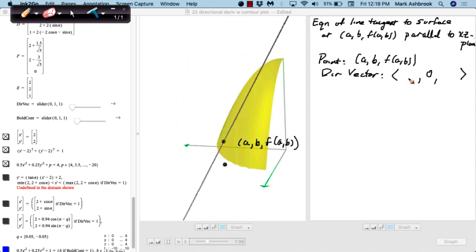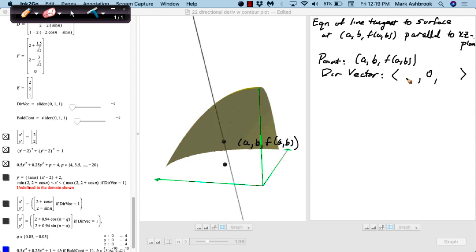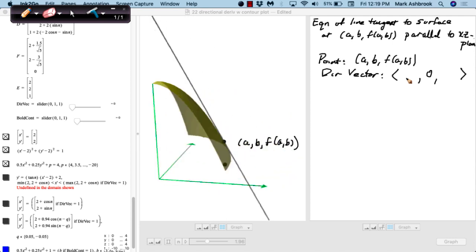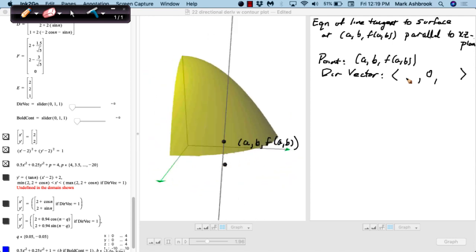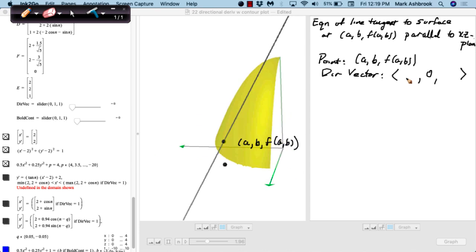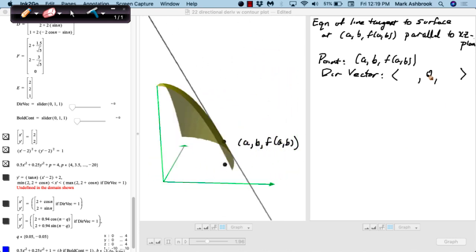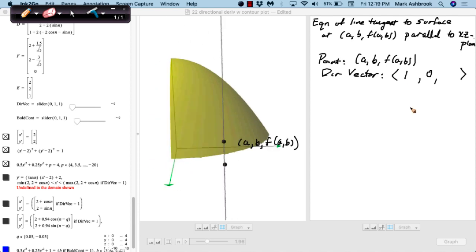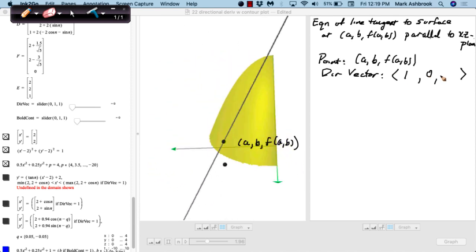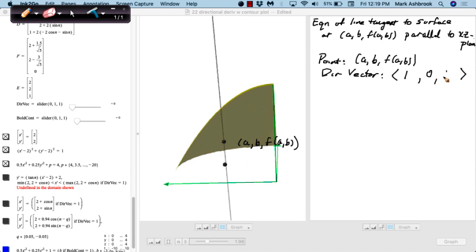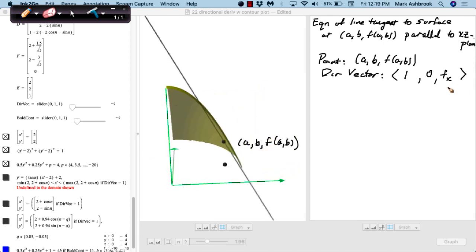Did you hear that? The change in z is always the partial derivative times whatever change in x you pick. So pick a change in x of 1, and then what's your corresponding change in z? The partial derivative with respect to x. Pretty slick, right?